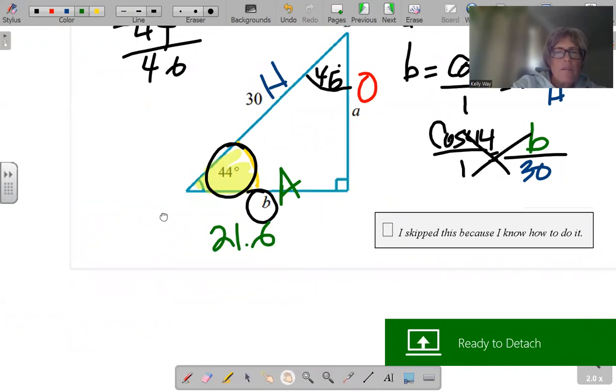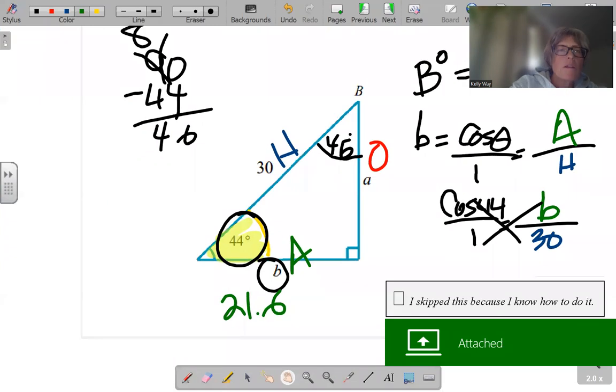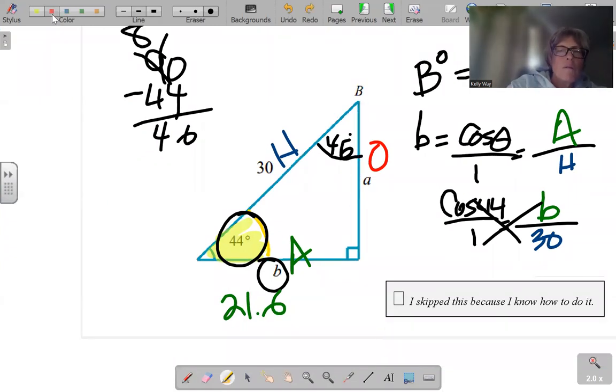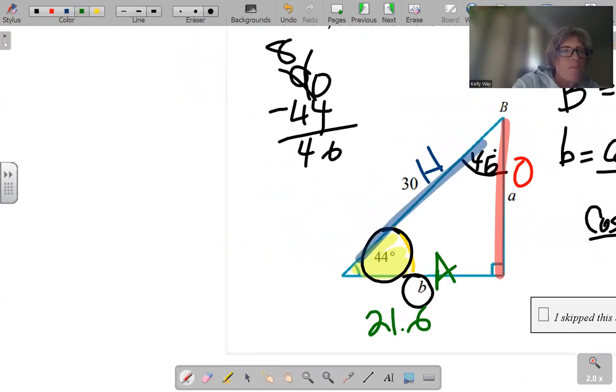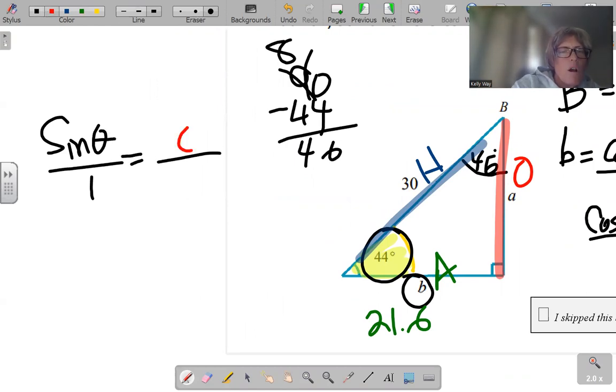Solve for A. A is going to be opposite over hypo. So it's O, so sine of theta over 1 equals opposite over hypo.